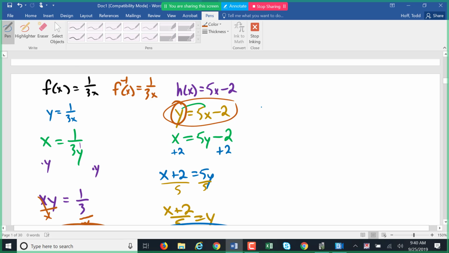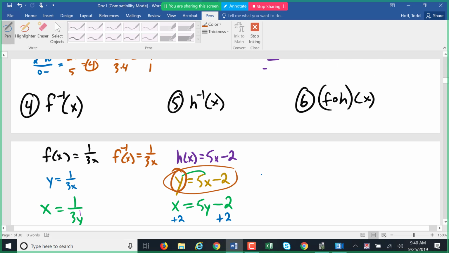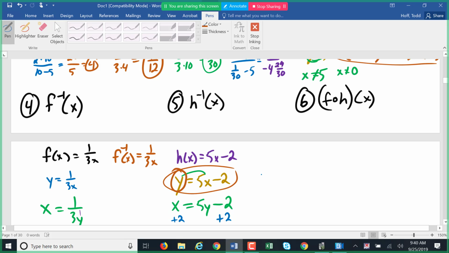Okay, and finally, we're asked to find F composite H of X. F of X is 1 over 3X. H of X is 5X minus 2.